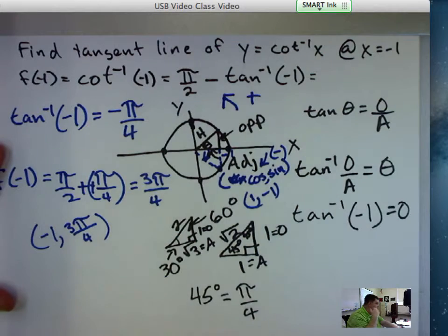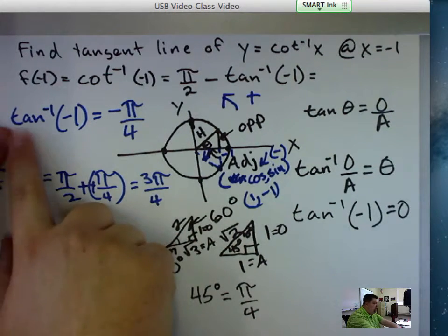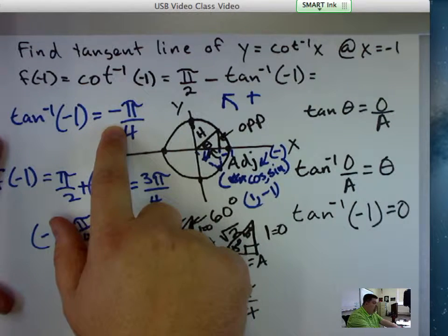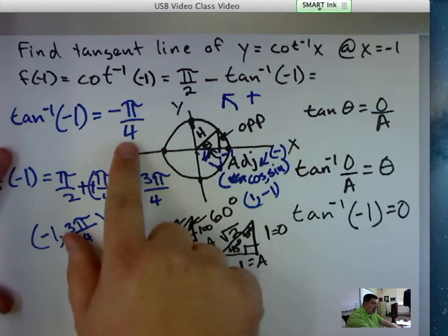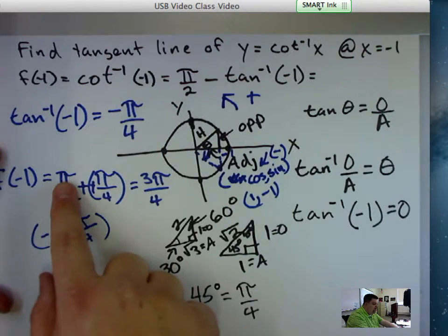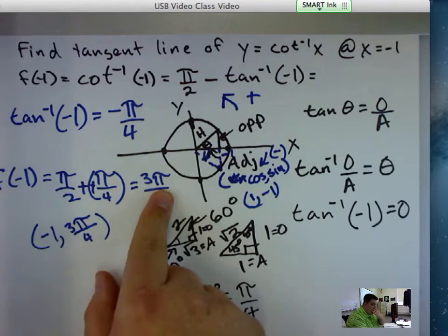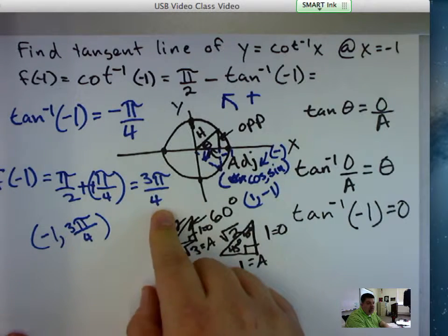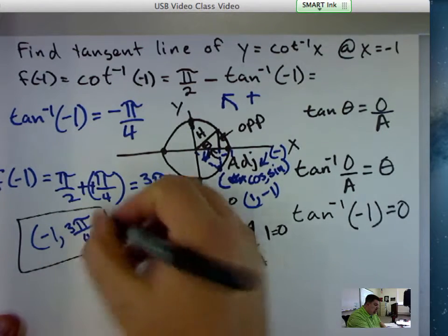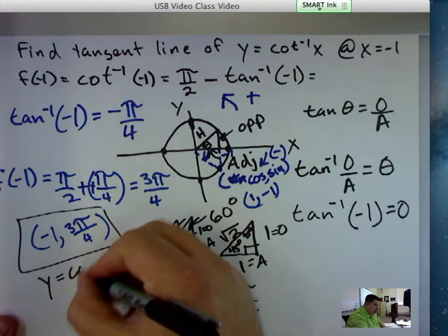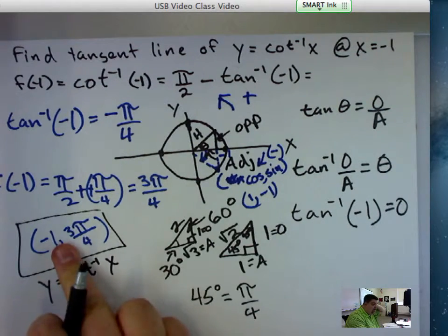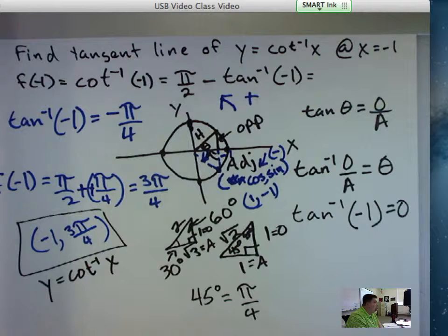The arctangent of -1 is actually the angle negative pi over 4. So then I have pi over 2 minus negative pi over 4, or pi over 2 plus pi over 4, which becomes 3 pi over 4. So there exists on the function y equals arc cotangent of x the point -1, comma 3 pi over 4. Does that make sense? Okay.